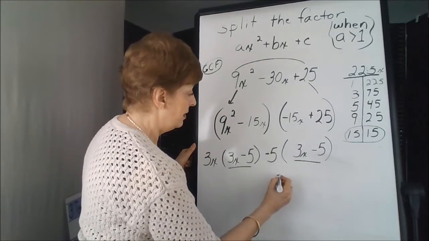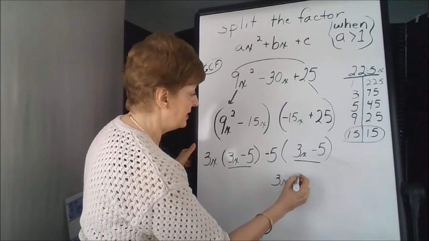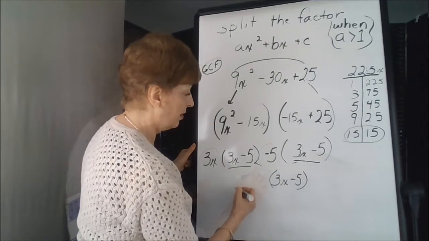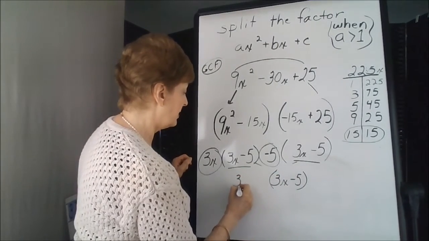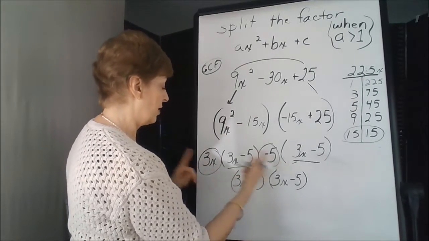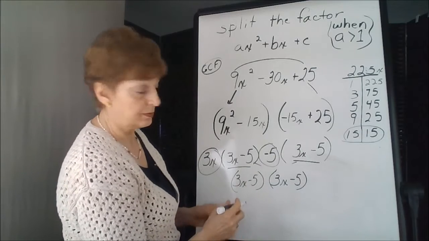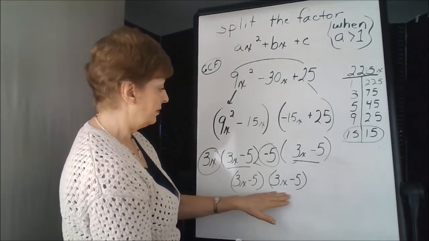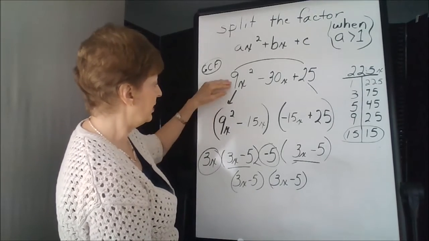So the 3x minus 5 is one of the factors. It comes from the greatest common factors that we took out. So this is our binomial. We have successfully factored it.